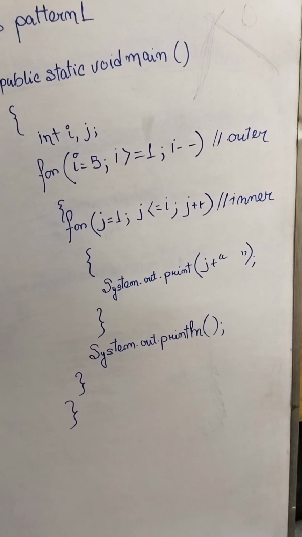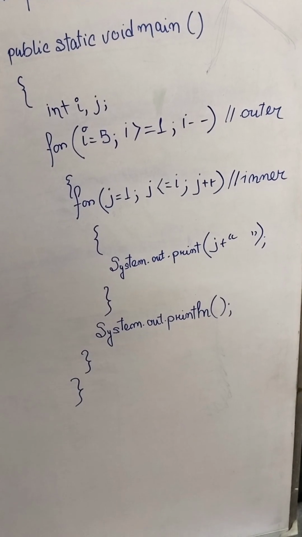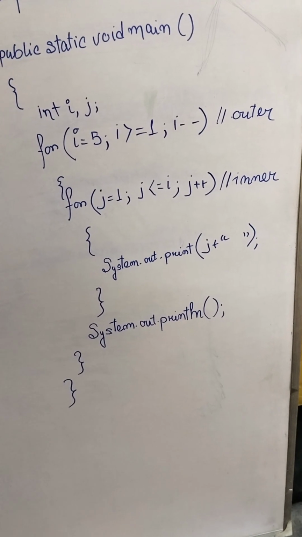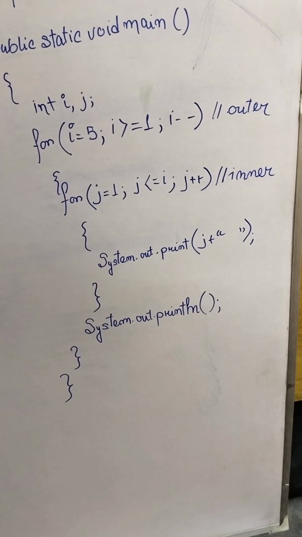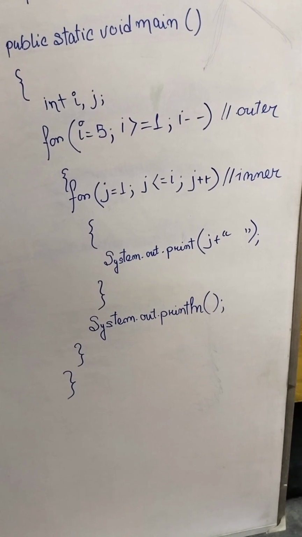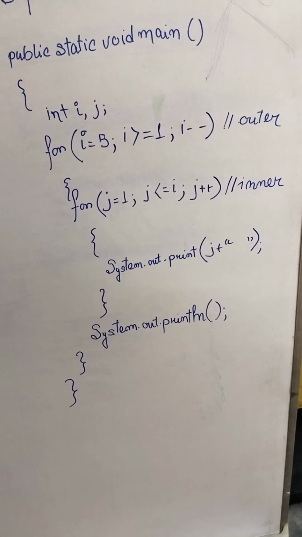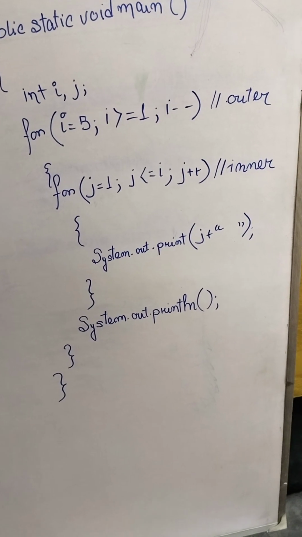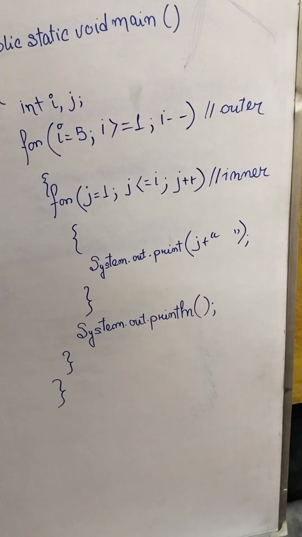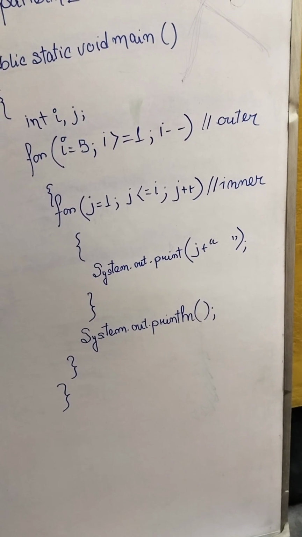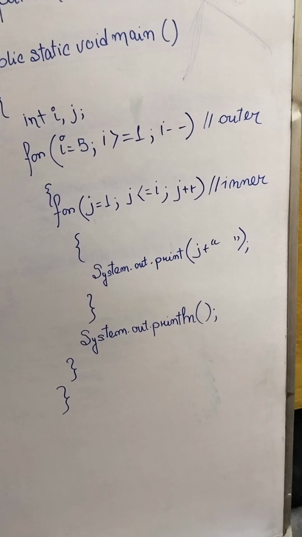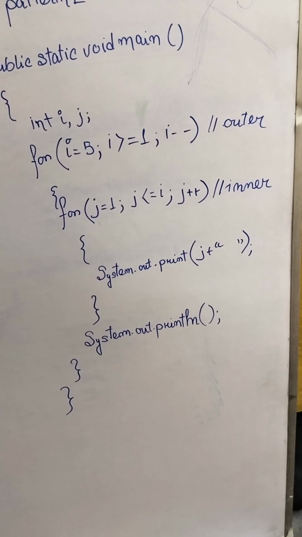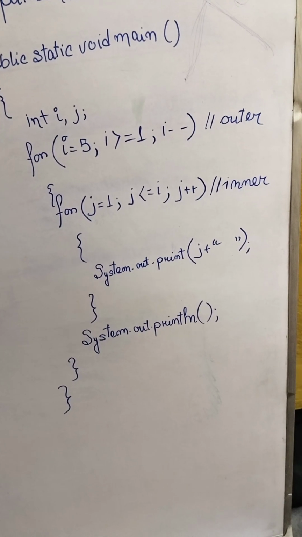Good. The next loop is the inner loop. The loop variable j starts from 1 and continues up to j less than or equal to i. It means that it runs a number of times equal to the current value of i.